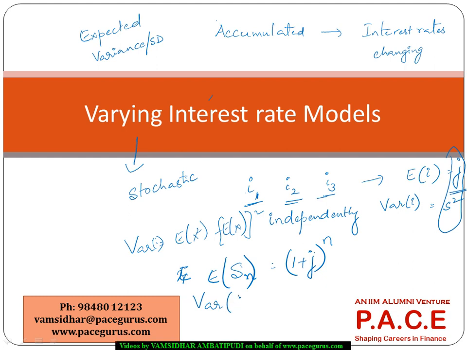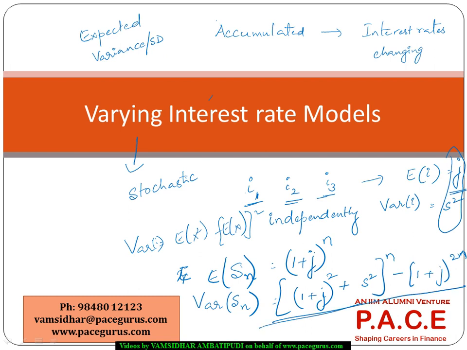Whereas if I want to find the variance of the accumulated amount, it's better that you go with (1 plus j) squared plus s squared, take it to the power n, minus (1 plus j) to the power 2n. This is a formula which you can use especially if you want to find the variance in the accumulated value after n years.